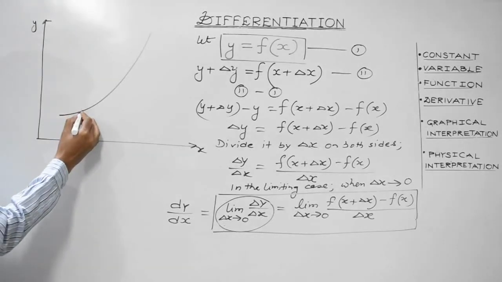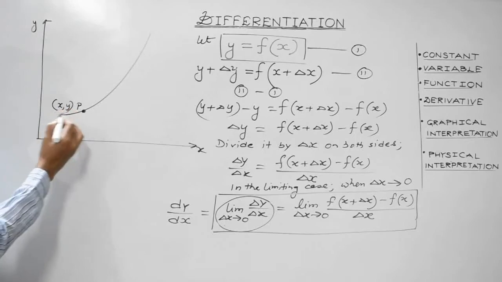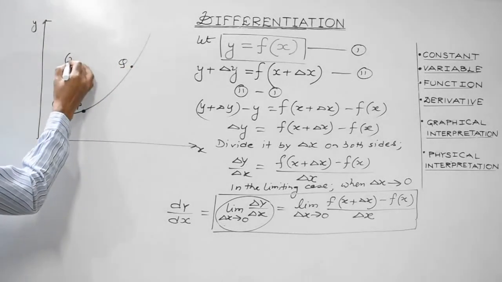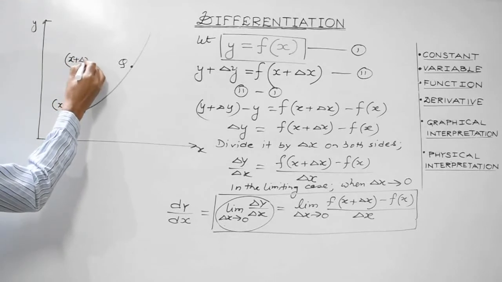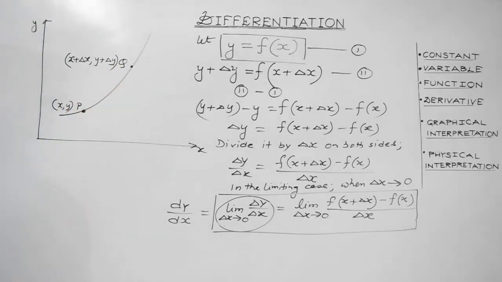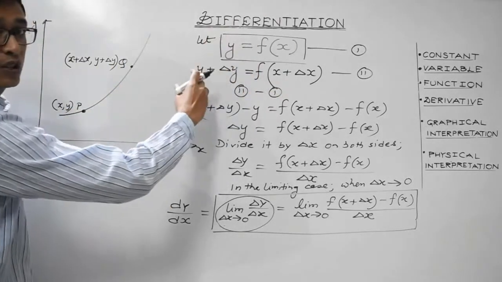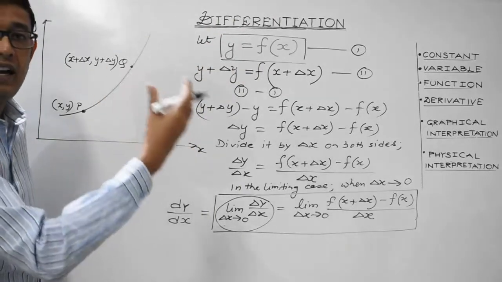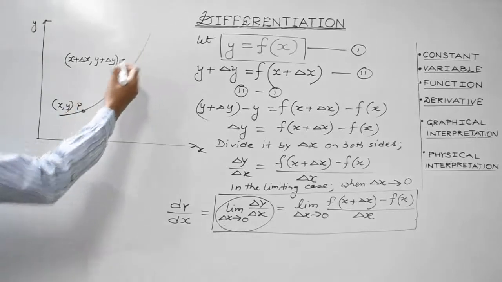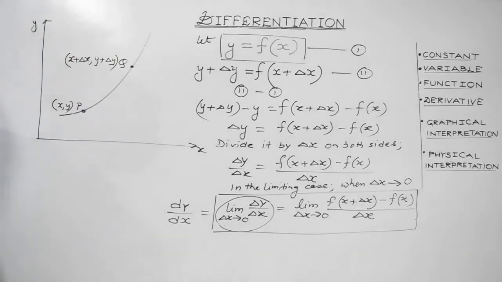Let this be point P, having coordinates x and y, and this be point Q, with coordinates x plus del x and y plus del y. Just now we discussed that on giving a small increment in x, there would be a corresponding small increment in the value of y as well, right? So point P and point Q are very close, having coordinates x, y and x plus del x, y plus del y respectively.